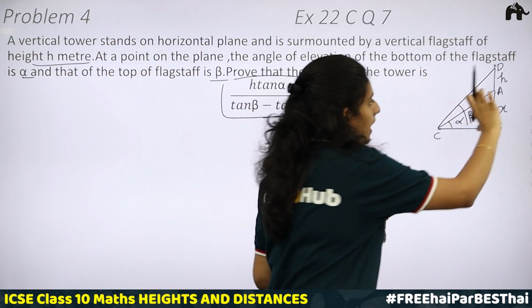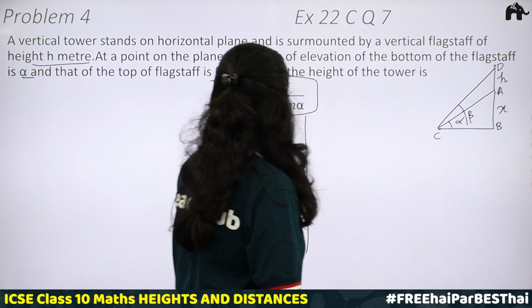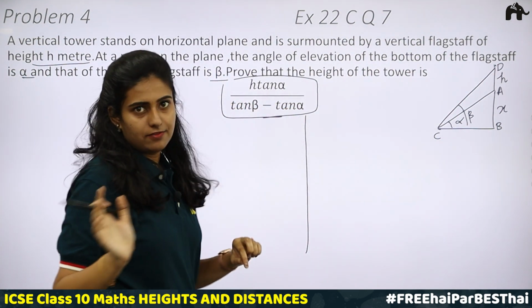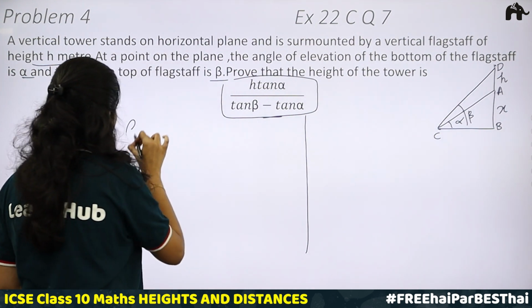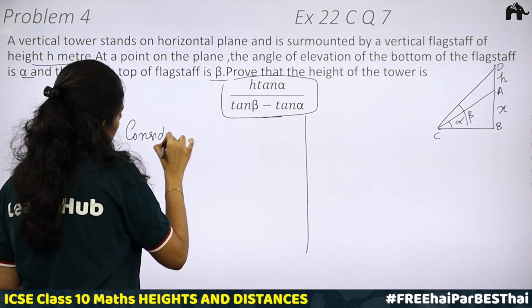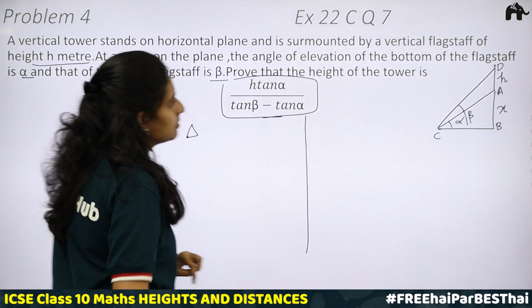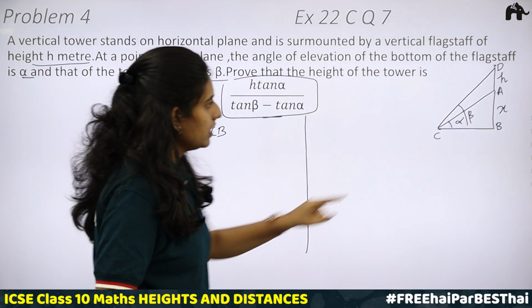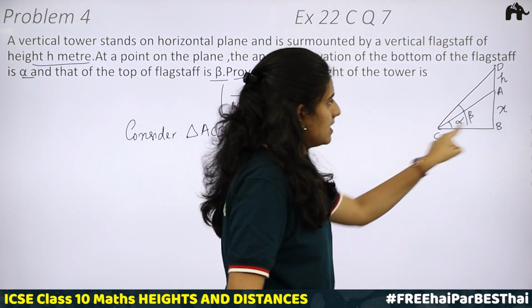We need to show that x is equal to h tan alpha divided by tan beta minus tan alpha. Consider first the triangle ACB.